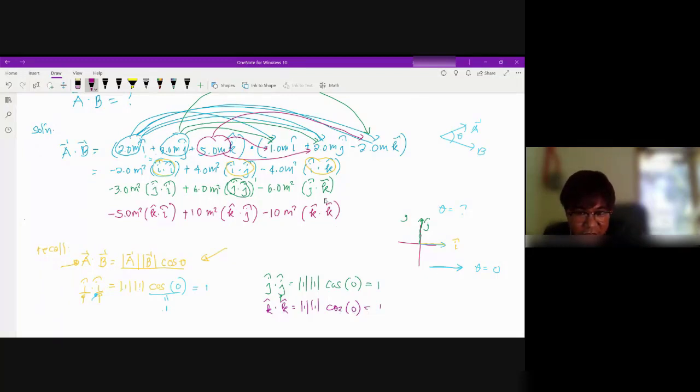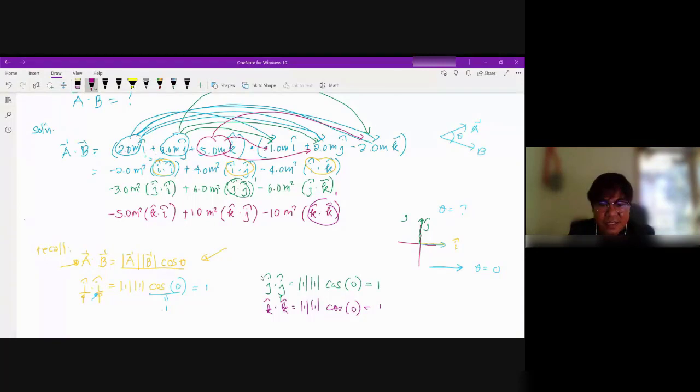So the bottom line is, if you have the same unit vectors and you dot them, i hat dot i hat is just equal to 1, the same with j hat dot j hat, and finally, k hat dot k hat is just equal to 1.